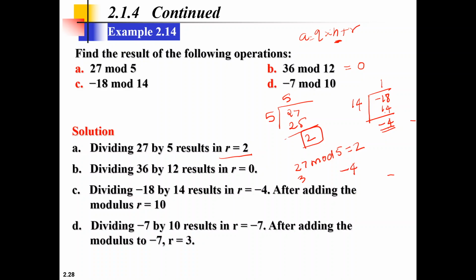Whatever negative number you have, add the modulus n to it. Right now, what is the modulus here? The modulus is 14. So I write minus 4 plus 14 gives me 10. For this particular equation, minus 18 mod 14, the answer is 10.